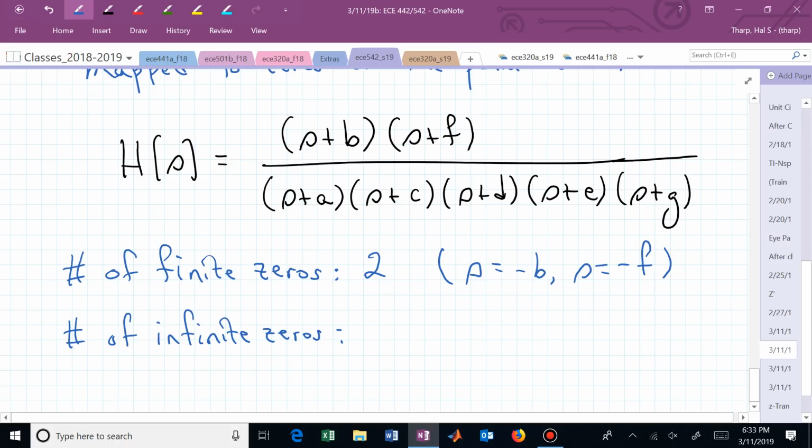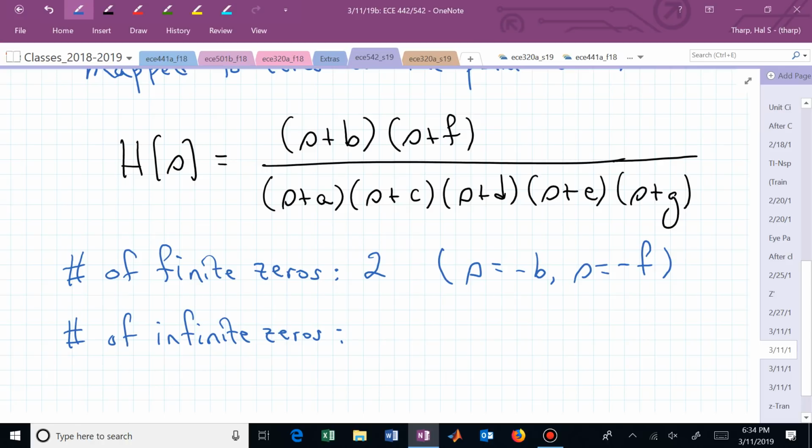Number of infinite zeros. How many ways could you let s go to infinity and still cause H(s) to vanish? How many factors could you allow that to happen through, or how many more poles do you have than finite zeros? You have 5 poles and 2 finite zeros.